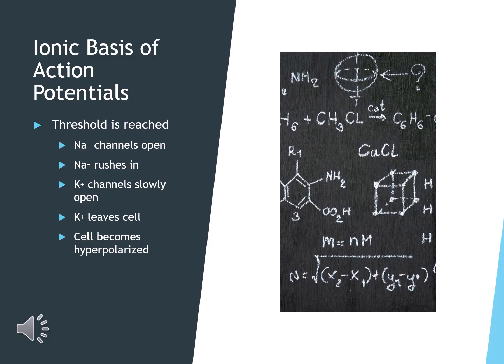When the threshold of excitation, which is about -70 mV, is reached, voltage-gated Na+ channels open momentarily, and then the Na+ ions rush into the neuron under tremendous pressure from their concentration and the electrostatic gradients. This drives the membrane potential to about positive 50 millivolts.